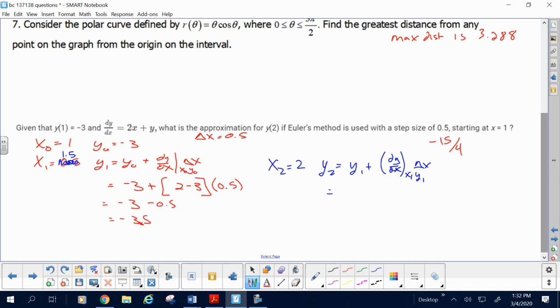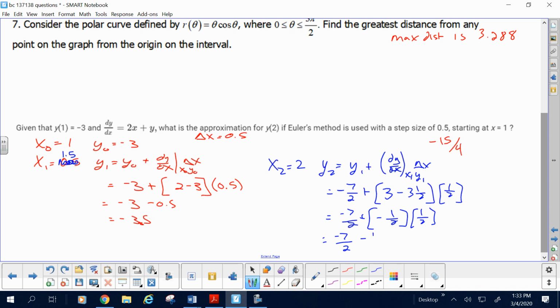Substitute in for y1 my remaining y, negative 7/2. dy dx is 2 times the previous x, so 2 times 1.5 is 3, plus the previous y, so minus 3.5, times the delta x of 1/2. So I got negative 7/2 plus negative 1/2 times 1/2, negative 7/2 minus 1/4, which is negative 14/4 minus 1/4. That's right. Does that make sense?